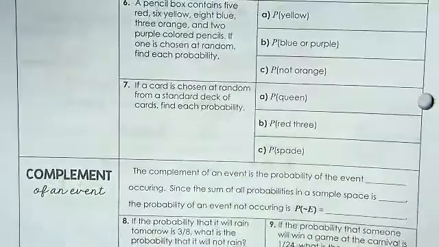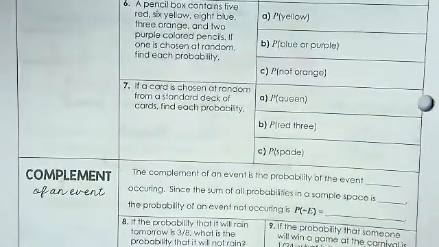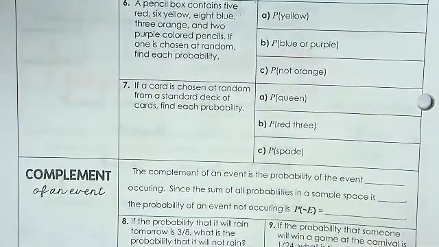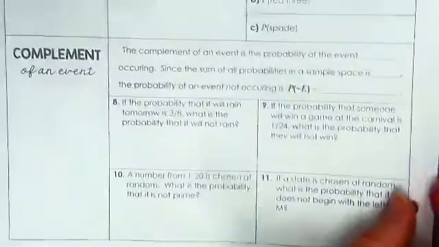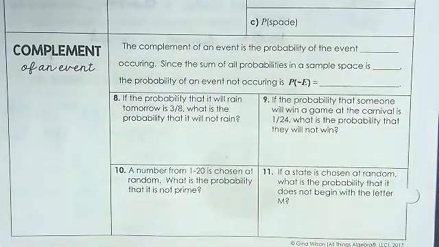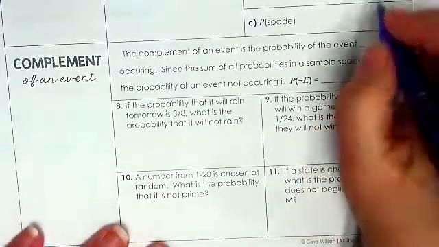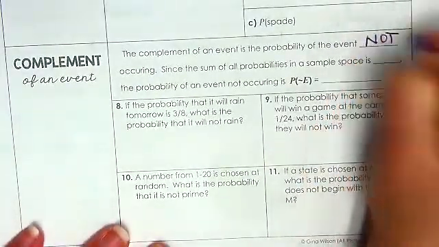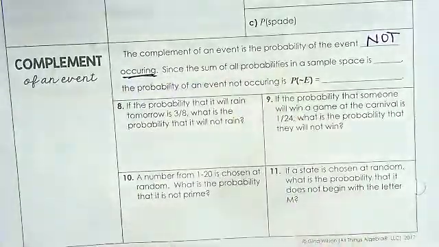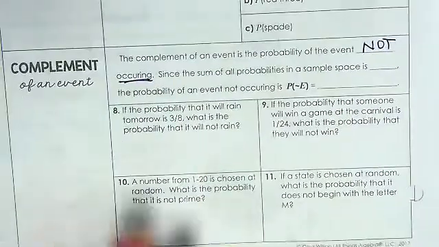Okay, on the back, flipping over. Okay, we're going to come down here to talk about the complement of an event. The complement of an event is the probability of the event not occurring. So it's the opposite of the probability when you think about it.